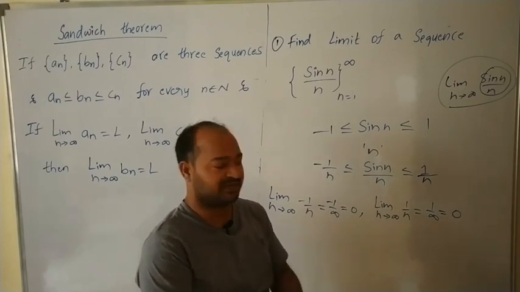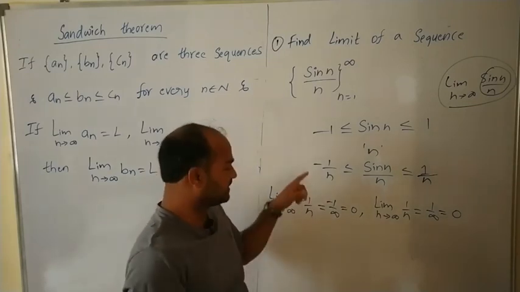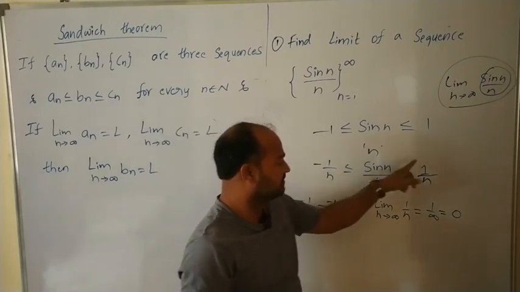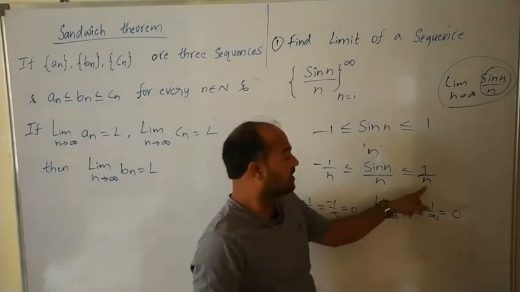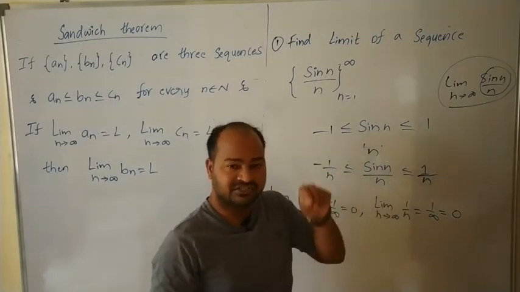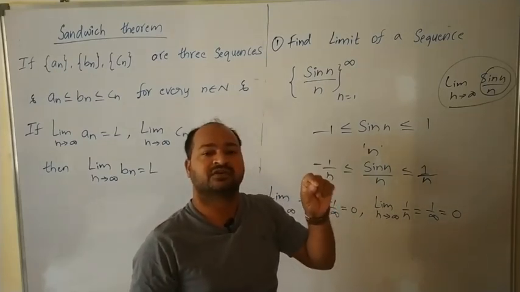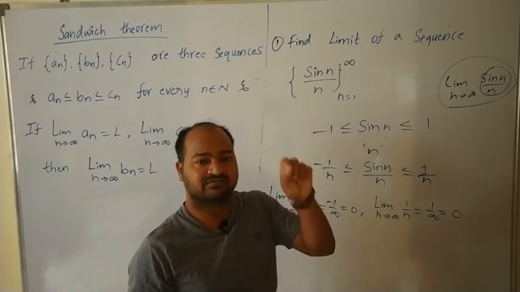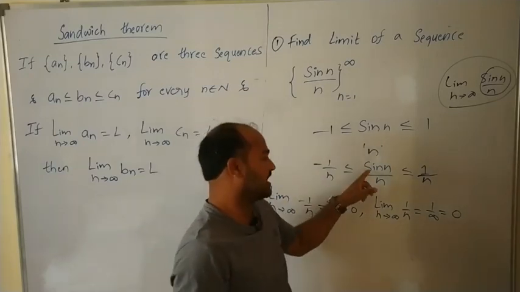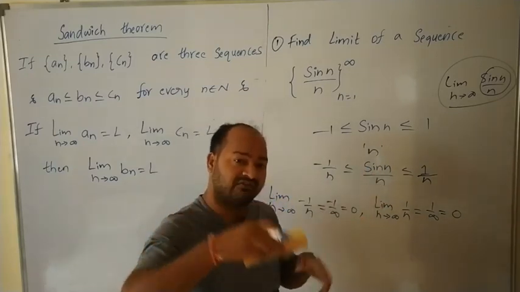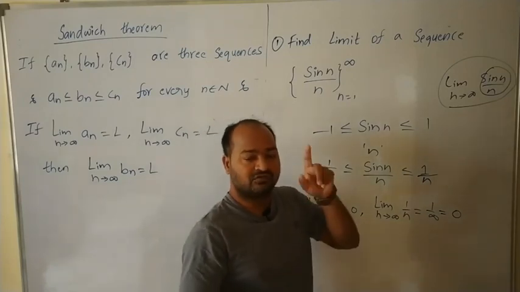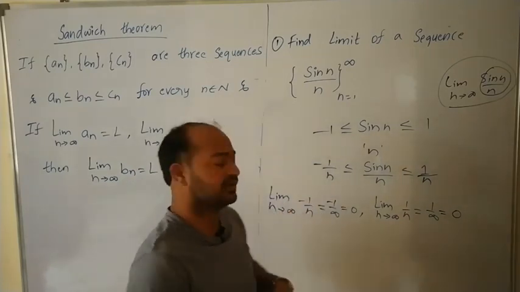Okay, I will explain once again. If you observe, -1/n and 1/n have limit 0 whenever n approaches infinity. So by the Sandwich theorem, sin(n)/n must have limit 0 as n approaches infinity.